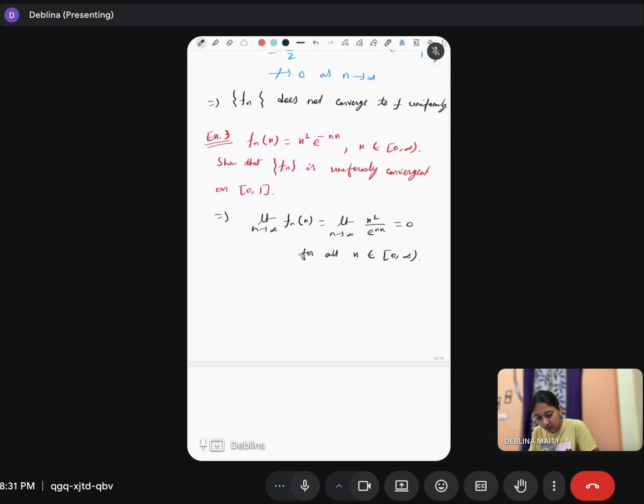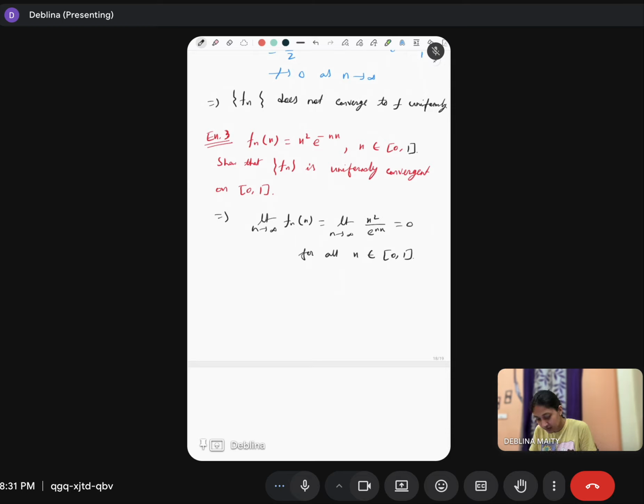Or it is actually given 0 to 1. So for all x belongs to 0, 1, the pointwise limit is 0.